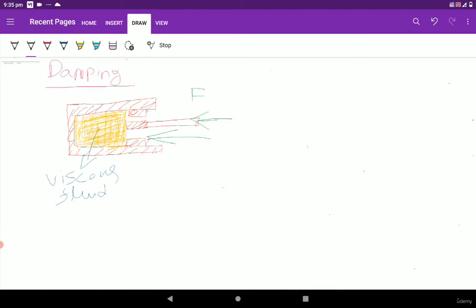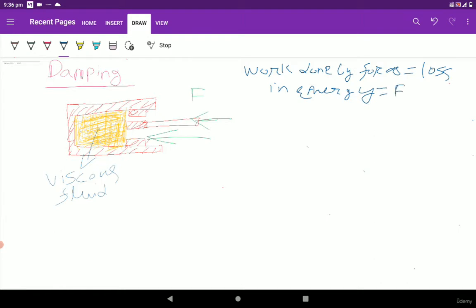So the work done by the force is equal to the loss in energy, which is equal to F dot delta x.